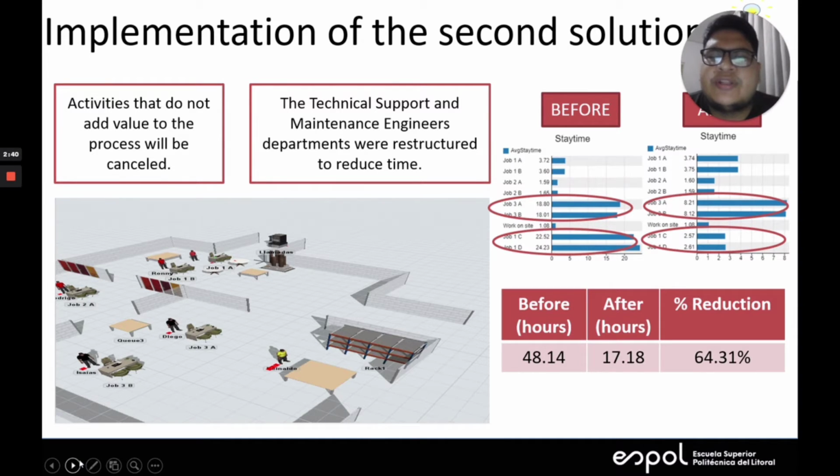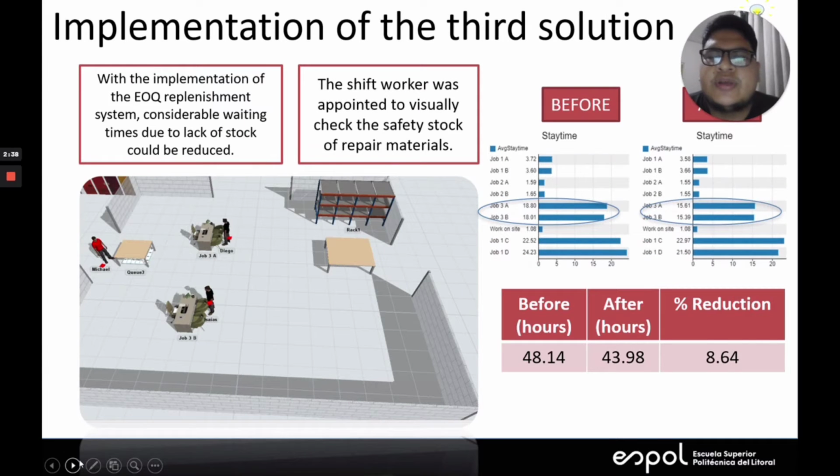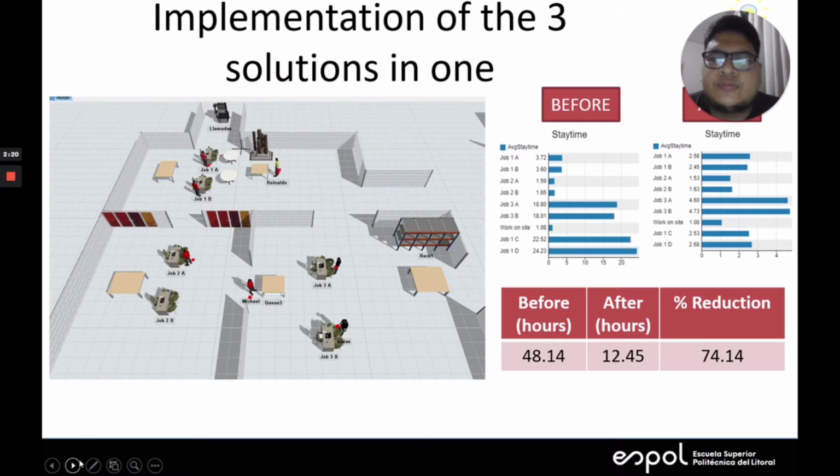The percent is 64. In the third solution, an EOQ inventory replenishment system was applied to have the repair materials available, a reduction of 18.64%. Finally, applying the three solutions in a single model, there is a reduction of 74%.